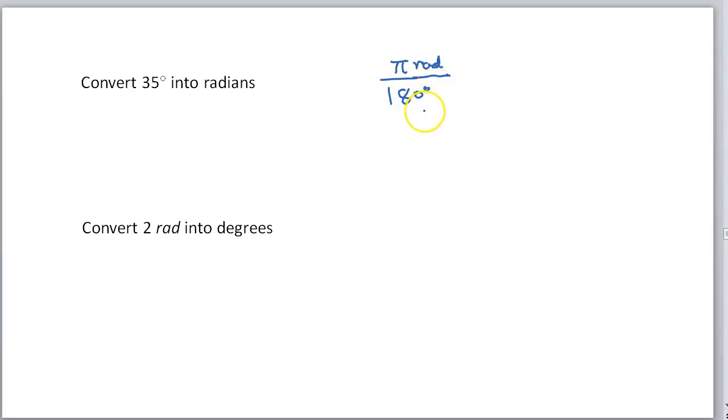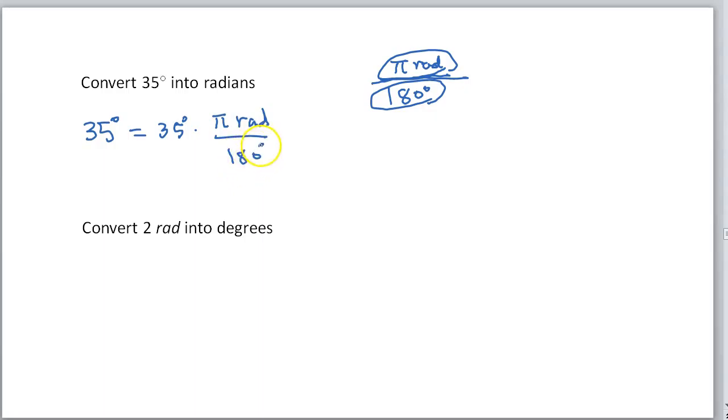Now, as a number, pi over 180 is not 1, but if you include pi radians and 180 degrees, these are same lengths. So if you divide, this is equal to 1. Without the units, it's not 1, but with the units included, it's equal to 1. So if you have 35 degrees, you can say that 35 degrees times 1 is the same as before, but instead of writing 1, I'm going to write down pi radians over 180 degrees.